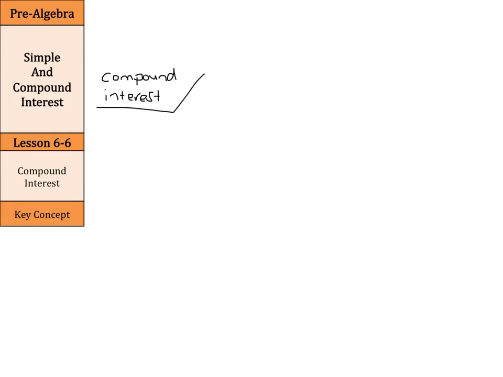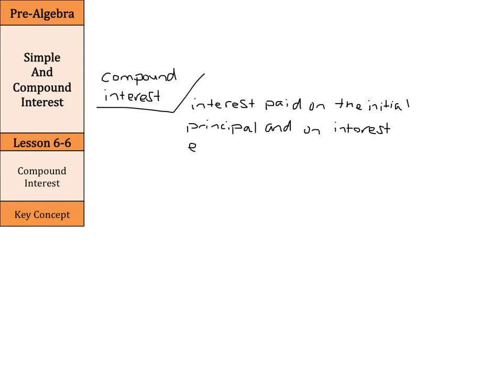Now, compound interest, the definition of this is interest paid on the initial principal and on interest earned in the past.